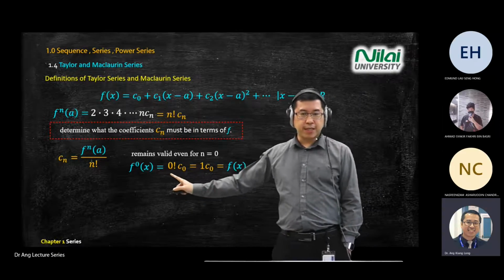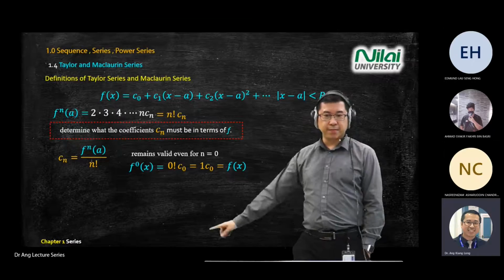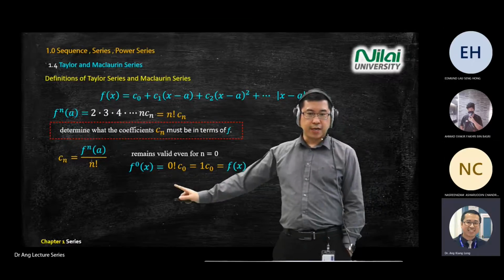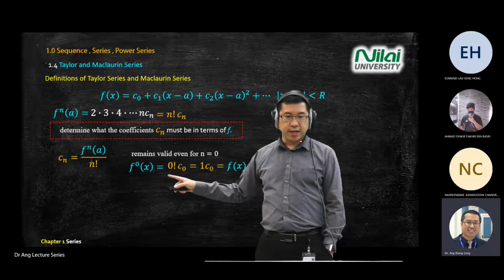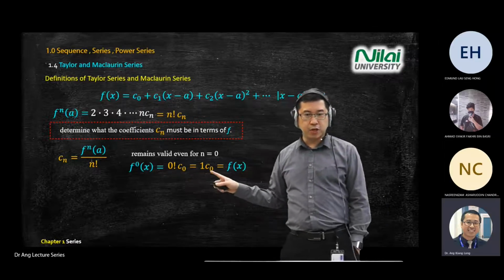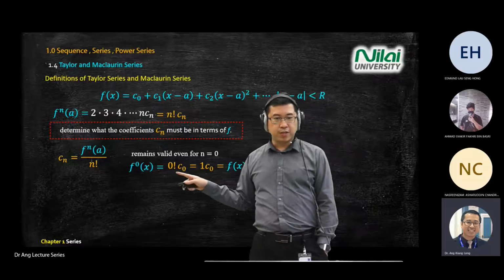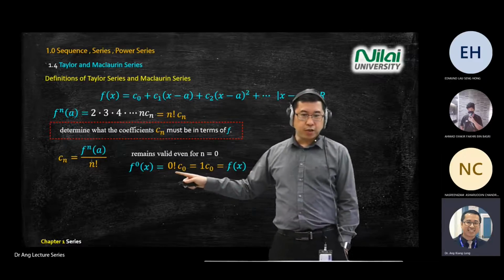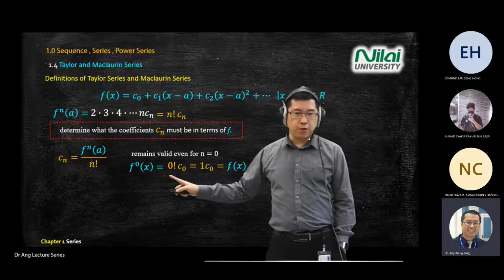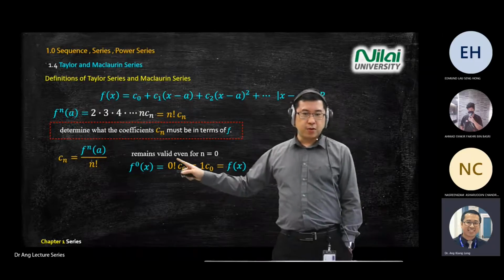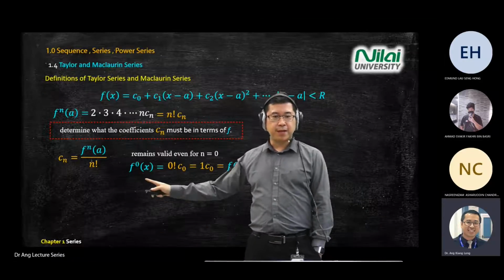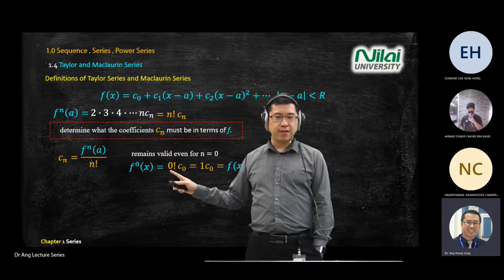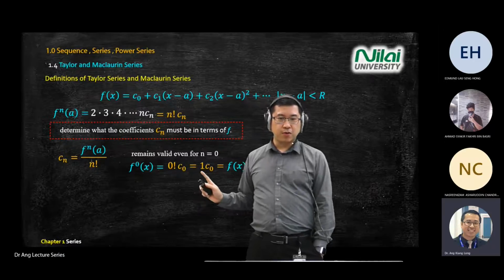You should have learned this in mathematics 1, engineering maths 1, before this. But if you didn't know it, learn it now, because I mentioned it in this module. Once I teach you this in our module, we expect you to know, so there is no more reason that you don't know. 0 factorial equals 1. Remember, we are going to repeat this many times.